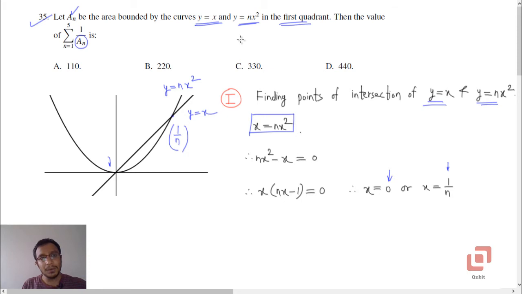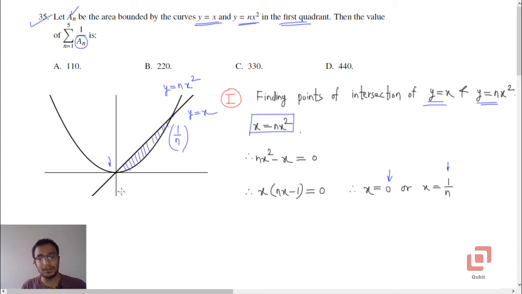Now one thing is to be realized here. Although y equal to nx squared eventually will be above y equal to x, throughout our interval of integration, only in the interval 0 to 1 upon n, the line is always going to be above the parabola.